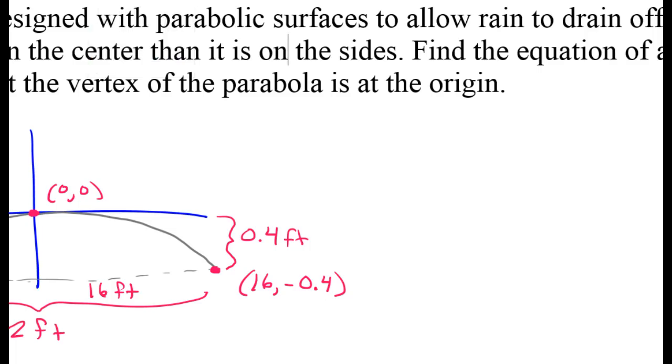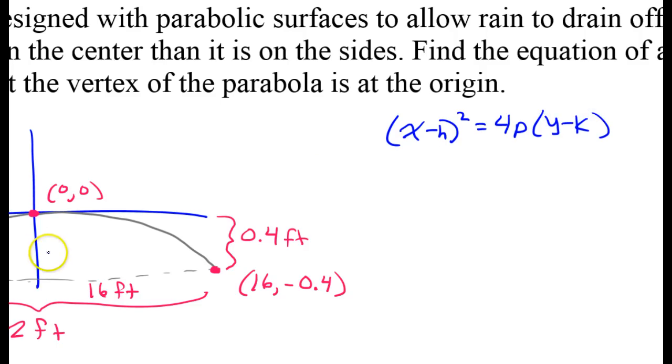Now, this is a downward facing parabola. It's vertical, so we know that the model we're going to use is the one where the x is squared. (x minus h) squared is equal to 4p times (y minus k), not squared.